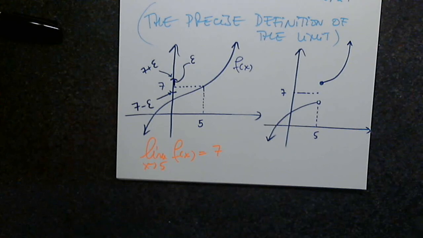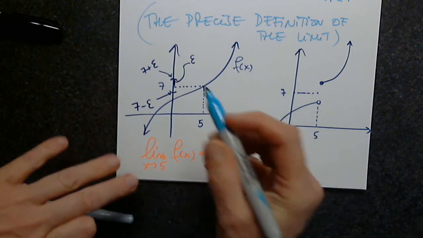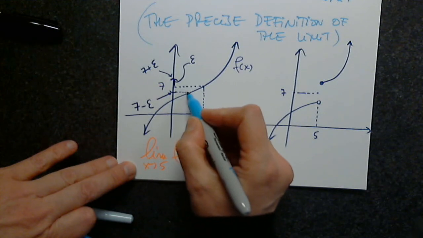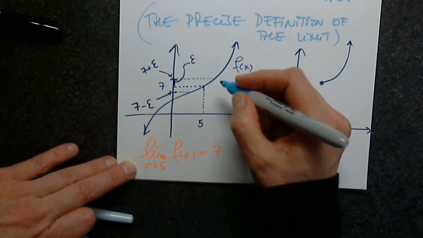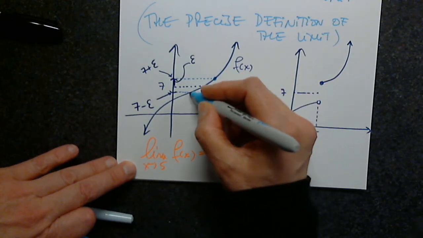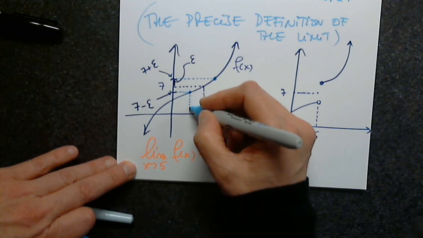So I can create around 7 an interval of the width that I select. And the following will always happen. What will happen? For every epsilon, I draw horizontal lines. These horizontal lines meet the graph in respectively 2 different points.